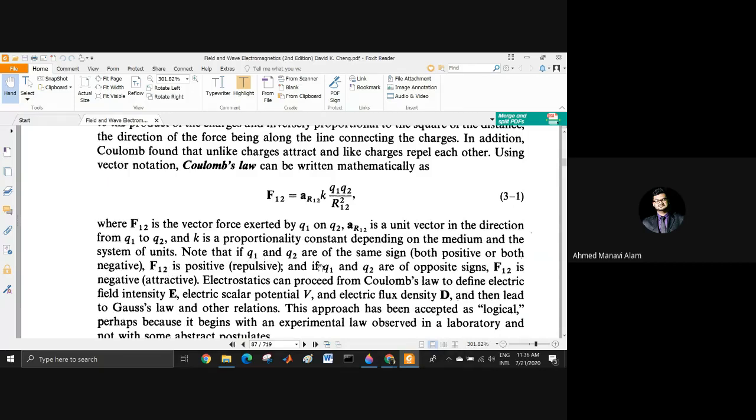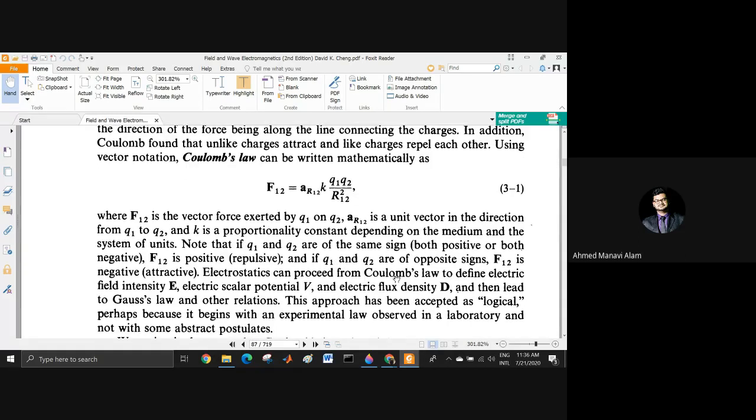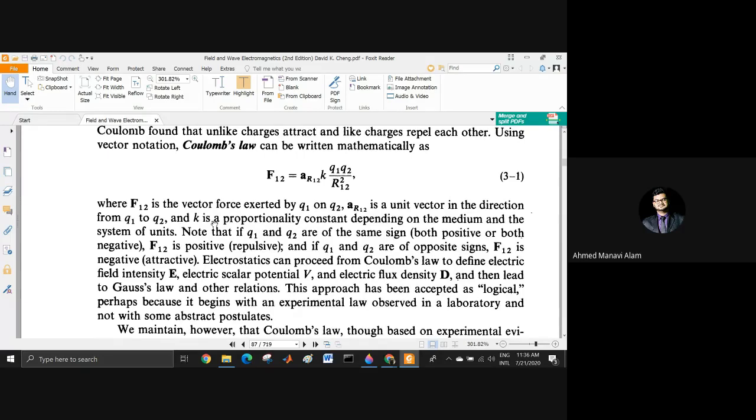Note that if Q1 and Q2 are of the same sign, both positive or both negative, F12 is positive, meaning repulsive. If Q1 and Q2 are of opposite signs, F12 is negative, meaning attractive.